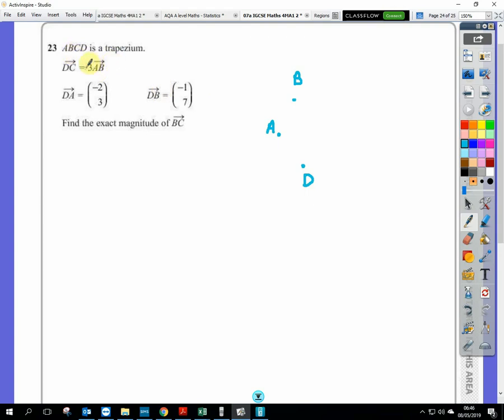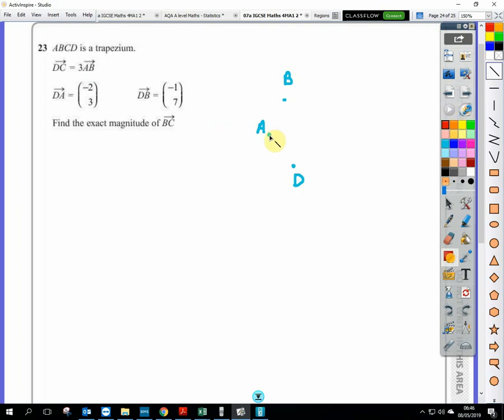Vector DC is 3AB. So if we imagine on our sketch that this is the length of AB, then DC is 3 of those. So let's imagine that's 1, that's 2, and that's 3 of those.